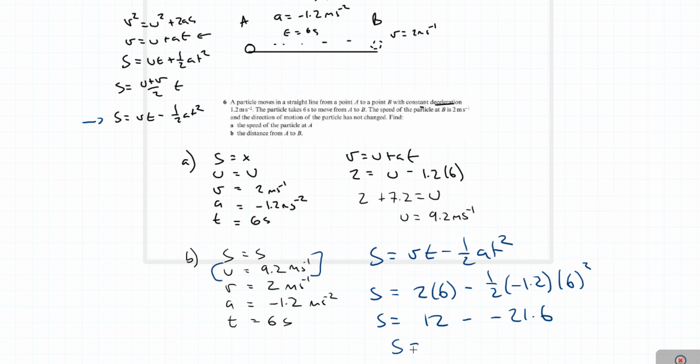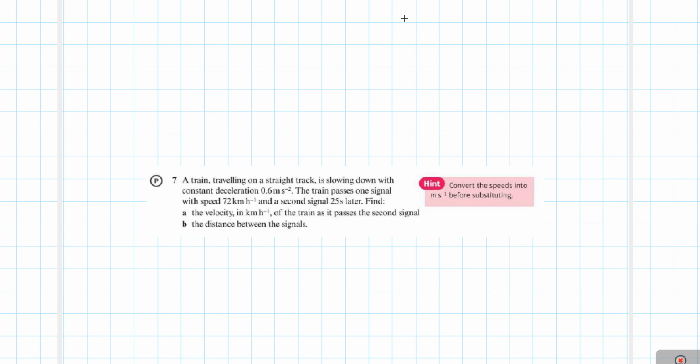From here we add our answers together, so s is equal to 12 plus 21.6, which is equal to 33.6 meters as our final answer. So our distance from A to B is 33.6, and that gives us our answer for number 6.